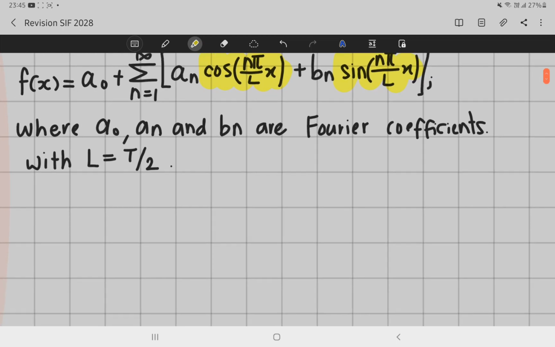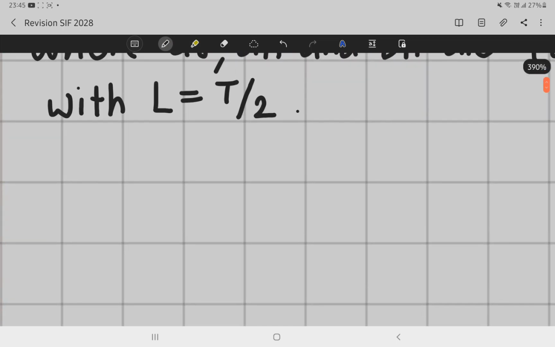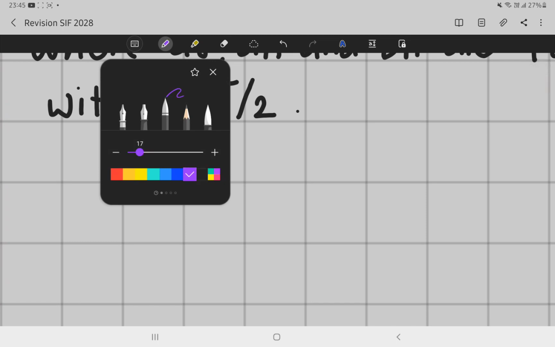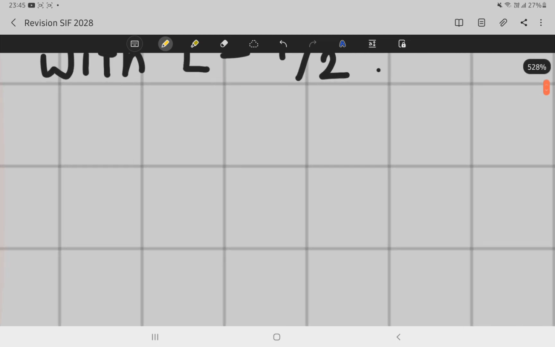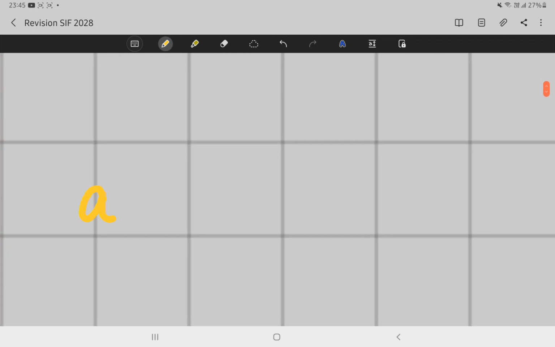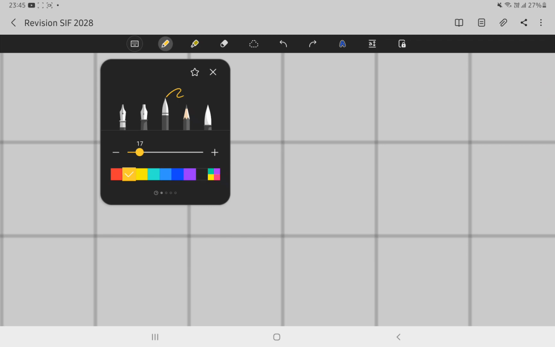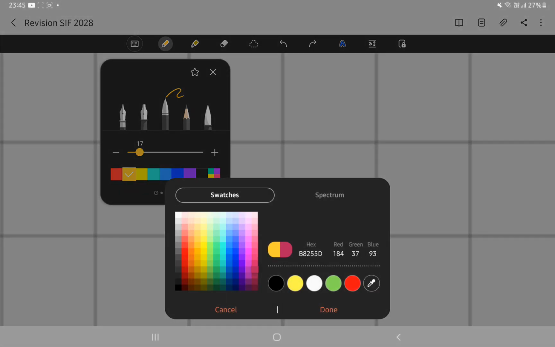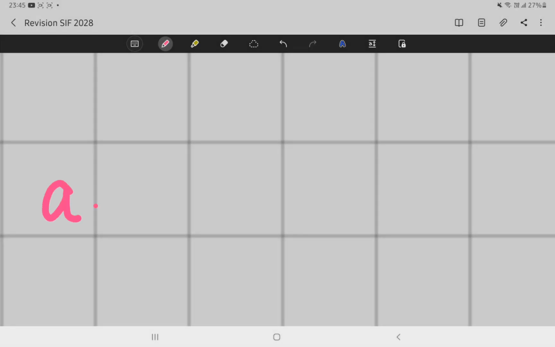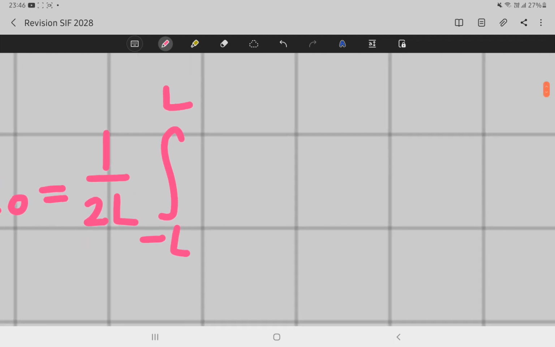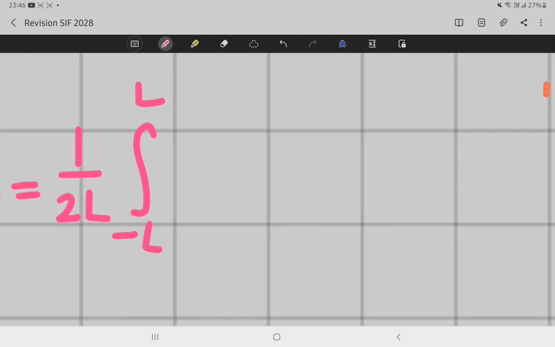So let's find how to find the constant a naught first of all. For a naught, we have a formula: a naught is 1 over 2L, integration from minus L to L, where L is half of the period, of f of x with respect to x.